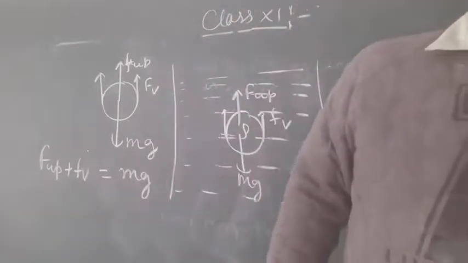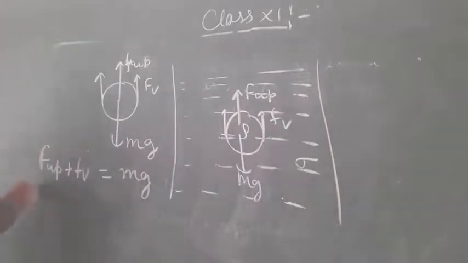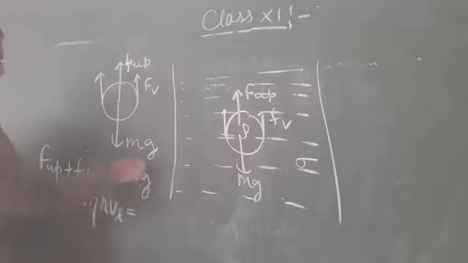Upthrust is the weight of the liquid displaced, that is, mass of the liquid displaced times g, plus viscous force 6 pi eta r v terminal, because in this case the body is in equilibrium.